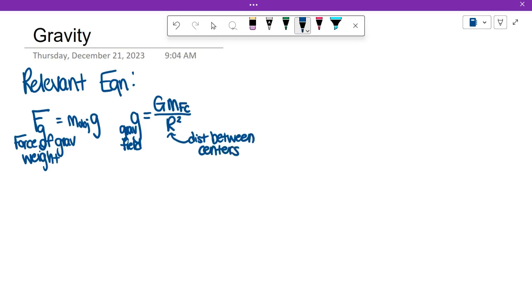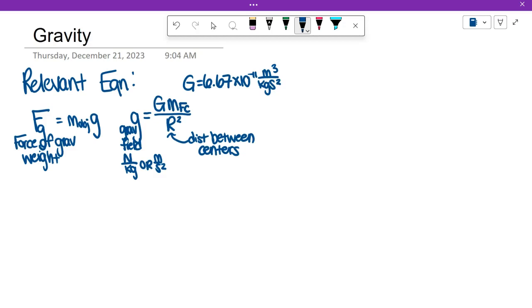Okay. Now, gravitational field can be measured in newtons per kilogram or meters per second squared. Both are valid, and we've talked about why before. Okay, and G is on our reference table, 6.67 times 10 to the negative 11 meters cubed over kilogram second squared. Again, don't have to memorize that. It is on our reference table.